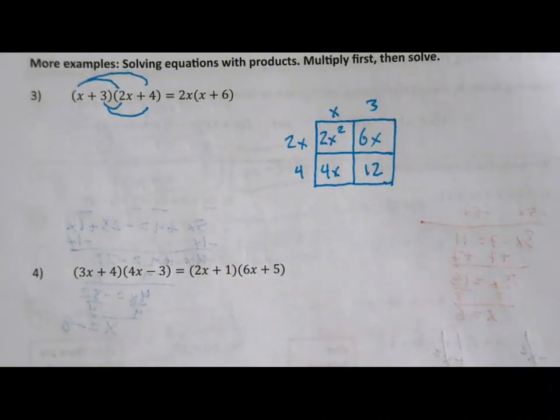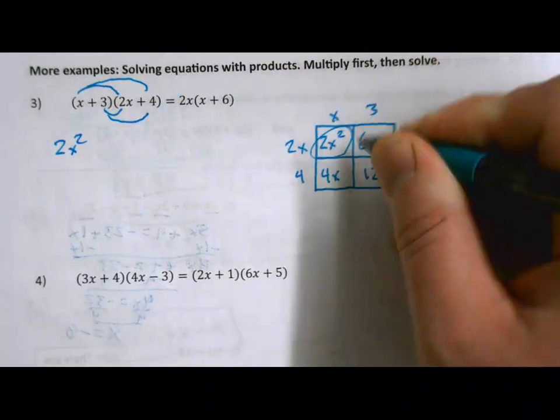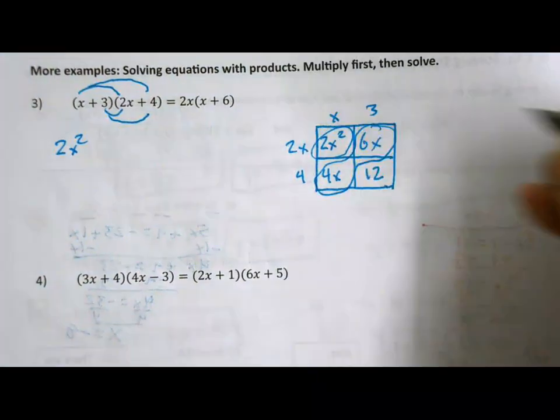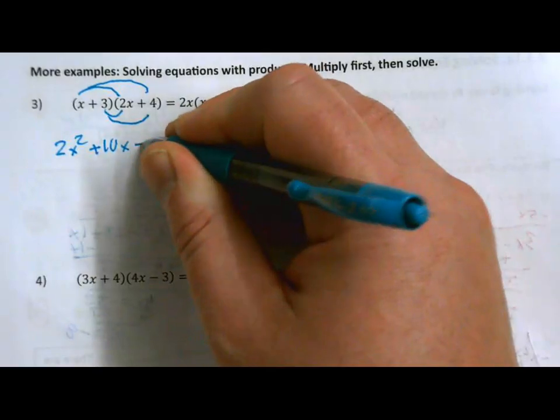So let me write down what I got here. I got 2x squared. These can combine together. That's 10x. And I got a plus 12.